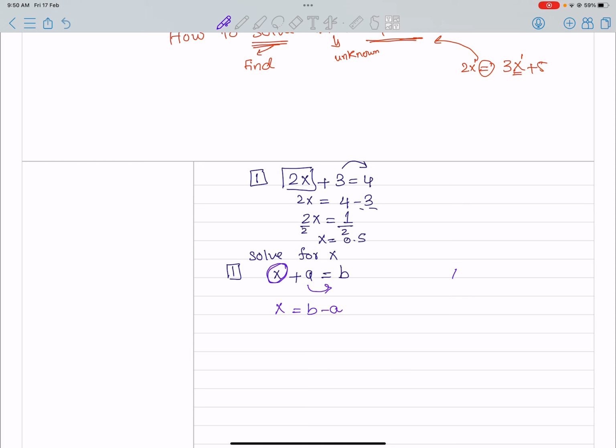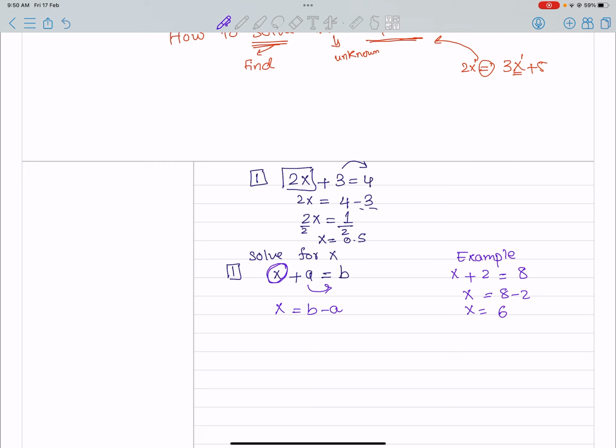Or if you have, for example, x plus 2, this will be an example. Okay, if you want to find x, x plus 2 is equal to, for example, 8, so we say that x is equal to 8 minus 2. So x equal to 6. Many of the students make a mistake when they transfer to another side.